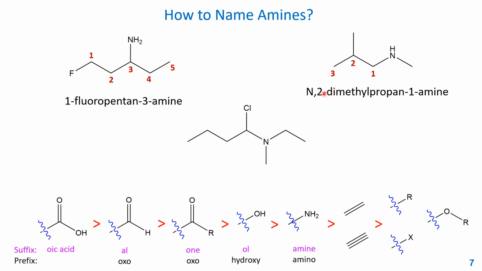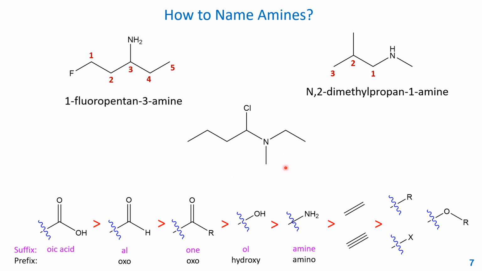So the hyphen separates the letters and the numbers. Okay, same thing here. See, number and letter, you use a hyphen to separate them. Okay, a comma separates the locations or the numbers of the same substituents. N, comma, 2, and hyphen, dimethyl. Propane is the prefix of the parent, and then 1 is the location of this amino group, 1-amine.